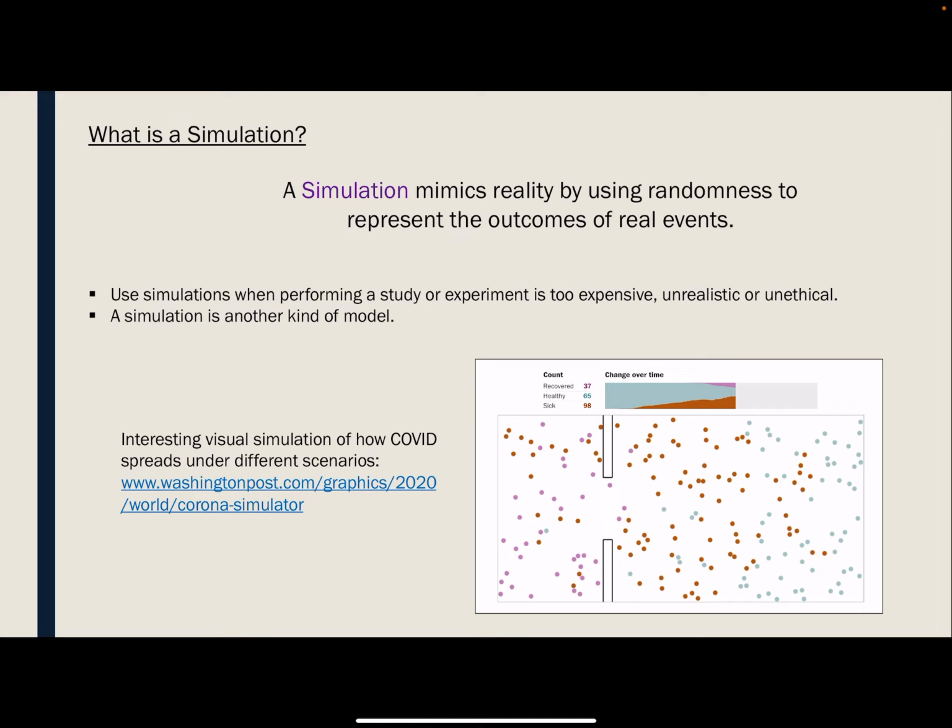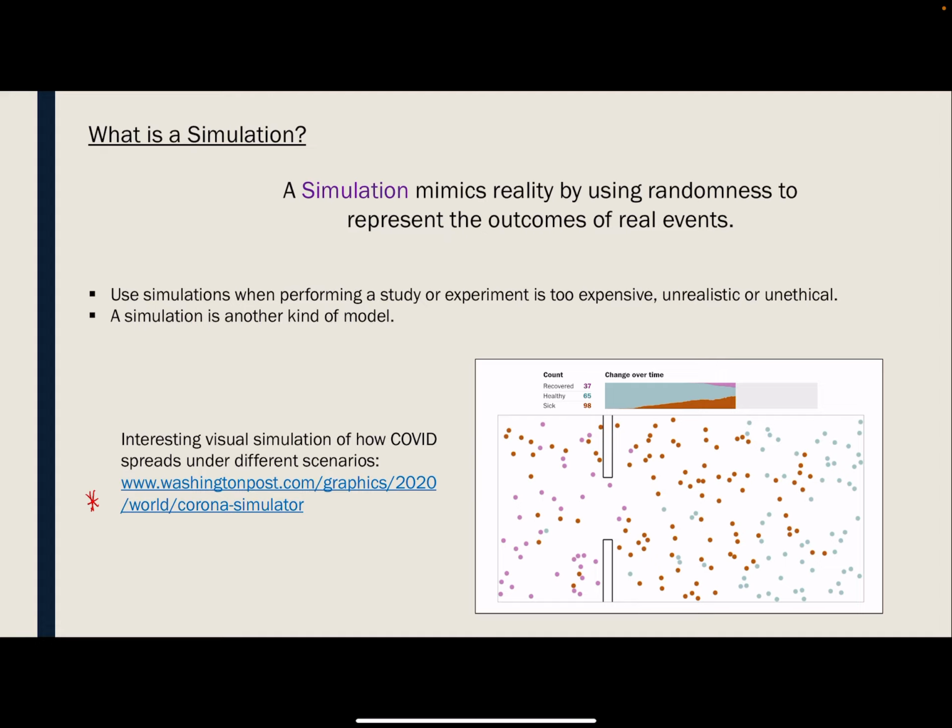I thought one of the interesting simulations that showed up was in this article in the Washington Post, where they were using simulations to try to give people a visual effect of how the virus will spread depending on different situations.